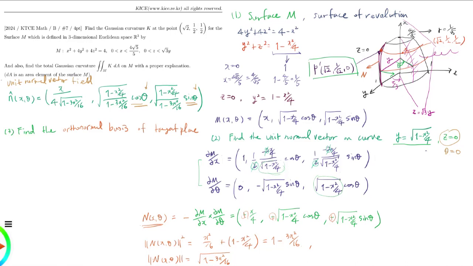The more general case is on the curve y equals this generating curve 1 minus x squared over 4 and z equals 0 here. The reason why I'm looking for the orthonormal basis, I'm going to tell you later, but it makes our lives easier once we get this orthonormal basis.